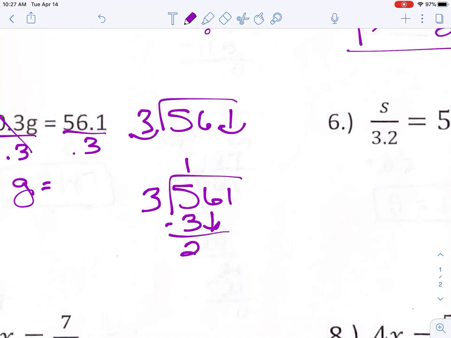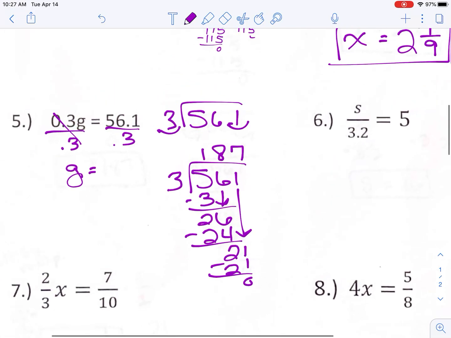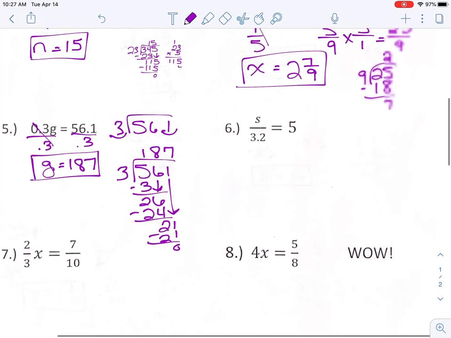All right, so goes in once, subtract and get 2, bring down your next number. 3 into 26 would go 8 times. 8 times 3 is 24. Subtract and get 2, bring down the 1, and 3 into 21 we know goes 7 times. So G is 187.